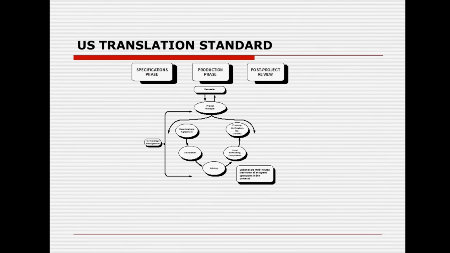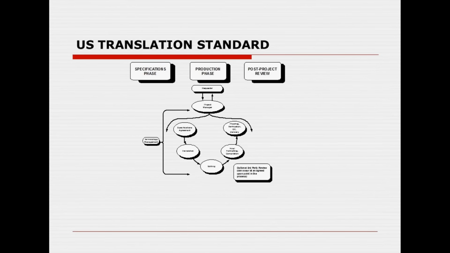So before I move into the next slide, just for understanding, the US standard, which is a very good standard, apart from the European Union, you can consider this as a guideline. There are three phases. One is the specification phase, second is the production phase, and third is the post-production phase or project phase. In the specification phase, information or terminology management comes into picture.